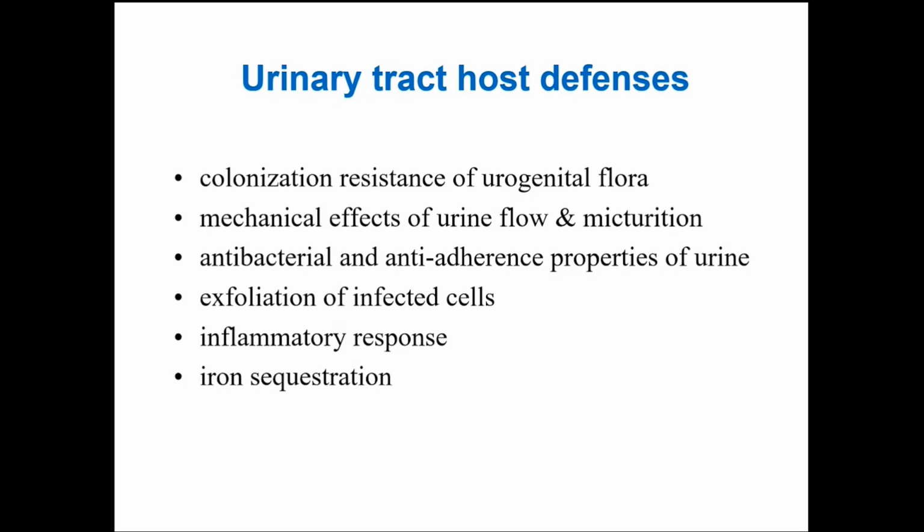There's certainly mechanical effects of urinary flow, just sweeping the urethra clean, making it difficult for bacteria to ascend to the bladder. Urine itself has some antibacterial and anti-adherence properties that make it more difficult for bacteria to adhere to bladder tissue.